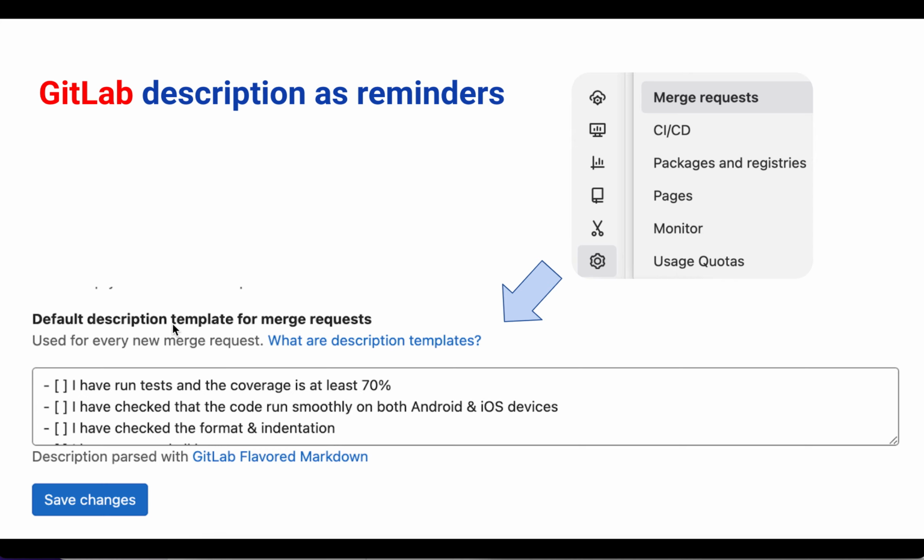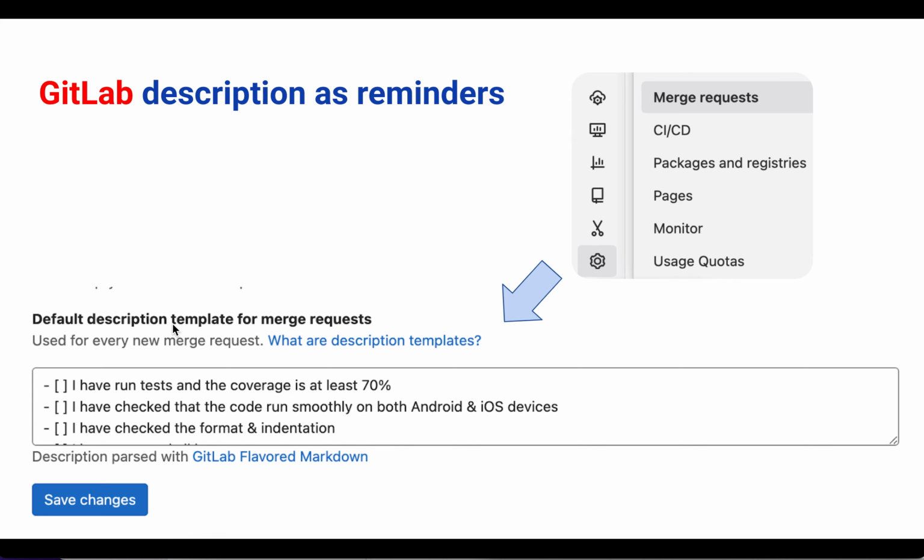The next thing we're using to save quality and time is GitLab, where we use the GitLab description mainly as reminders. For example, the thing you're seeing on the screen is the template for the merge request.